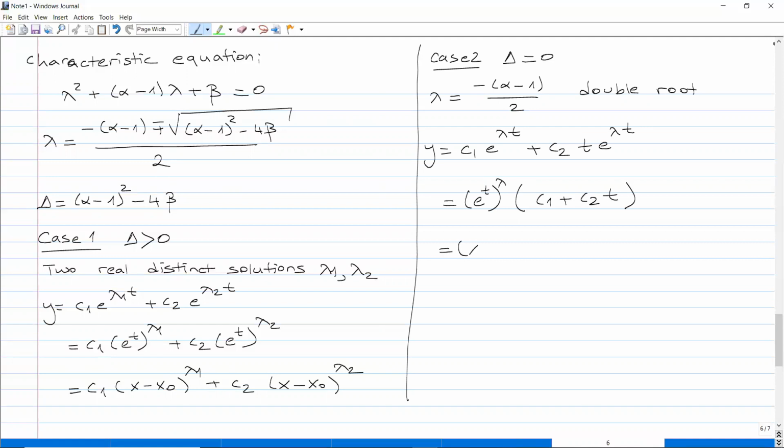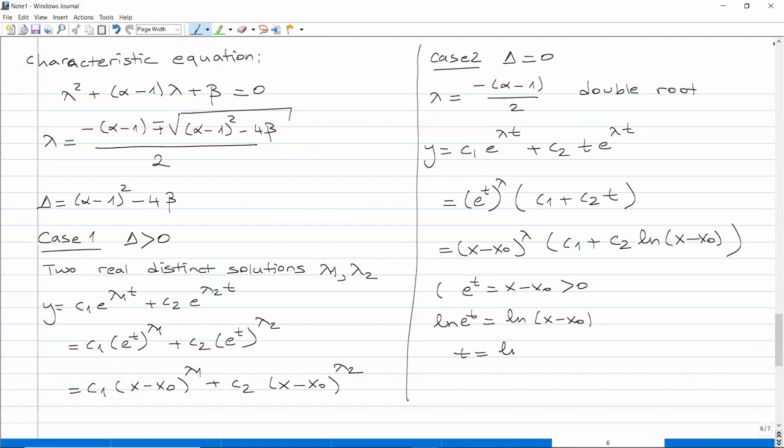But e to the t is x minus x0. And what is t? Remember, e to the t is x minus x0. This is positive, so if you take the natural logarithm of both sides, t is the natural logarithm of x minus x0.